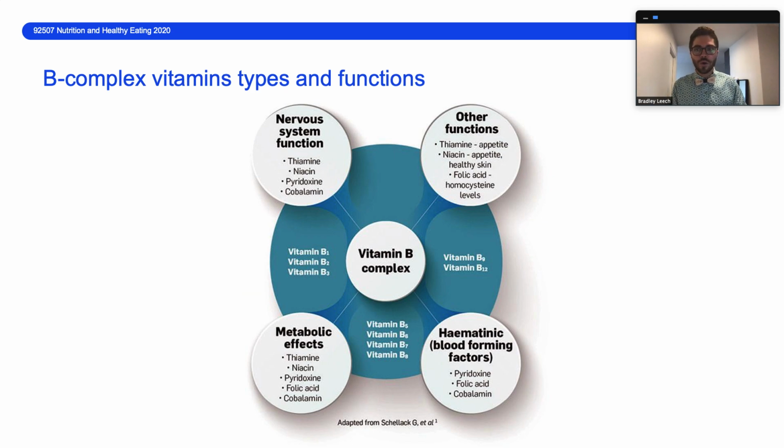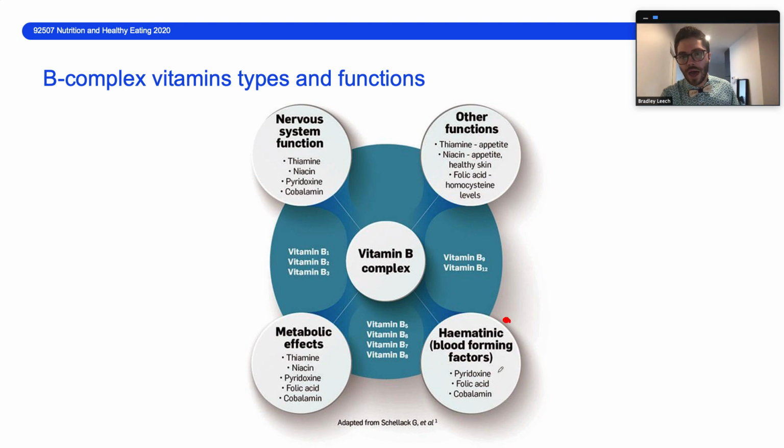Okay, now we're going to move on to your water-soluble vitamins, starting off with B vitamins. Now, there are a lot of B vitamins, B1, B2, B3, all the way to B12. Different B vitamins have different functions within the body. So you've got over here supporting with blood formation, right here.